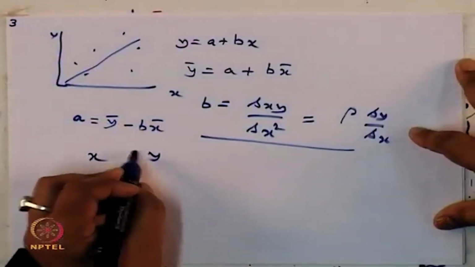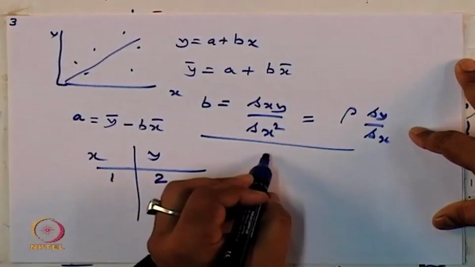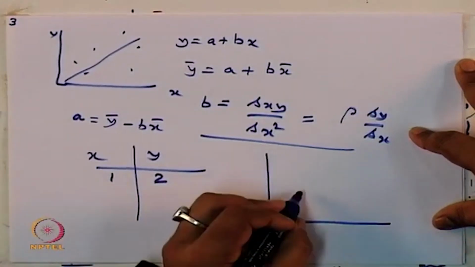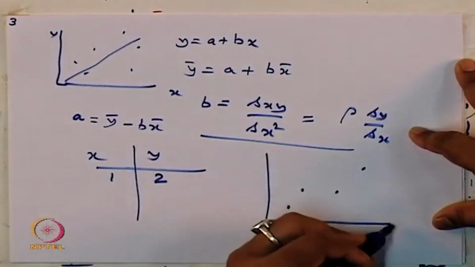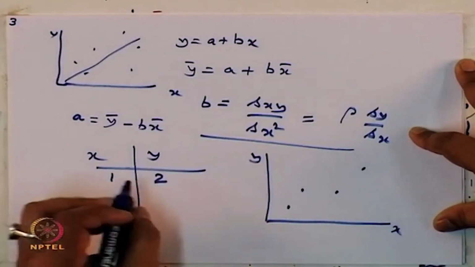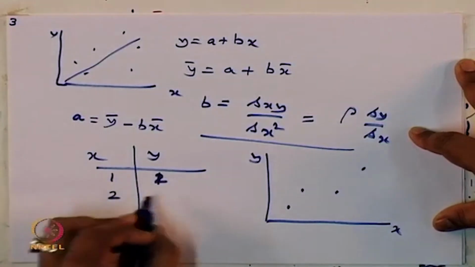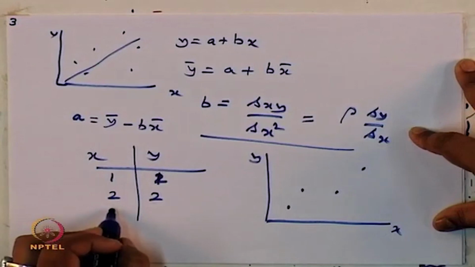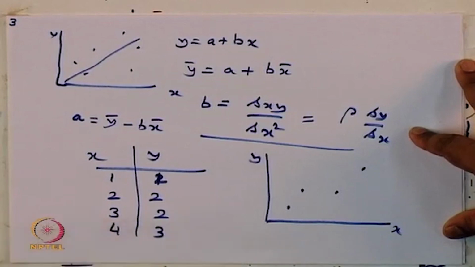Let us take the following values. Let me make a data like this. This is my x, this is my y. So x is, let us say, 1, y is 1, then you have 2, 2, 3, 2, 4, 3.